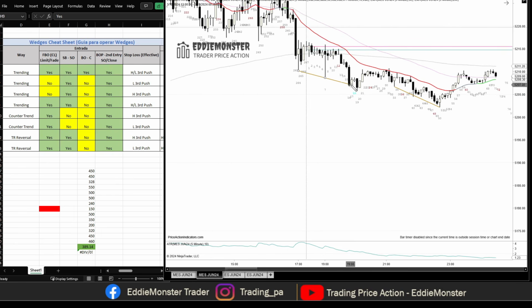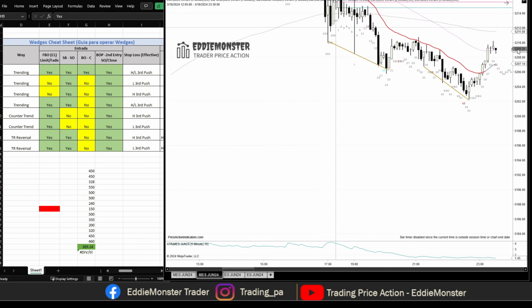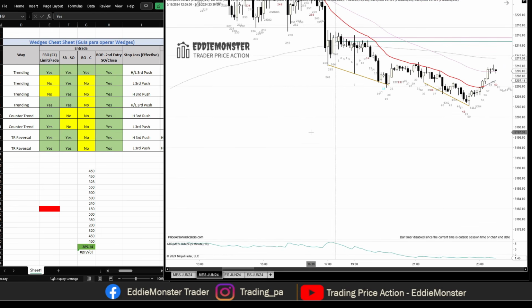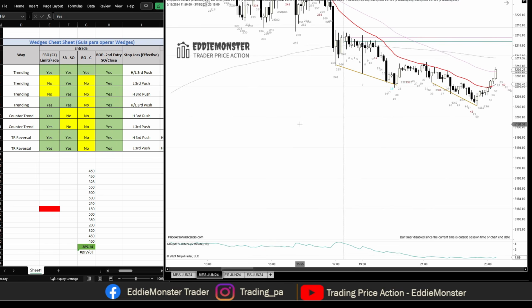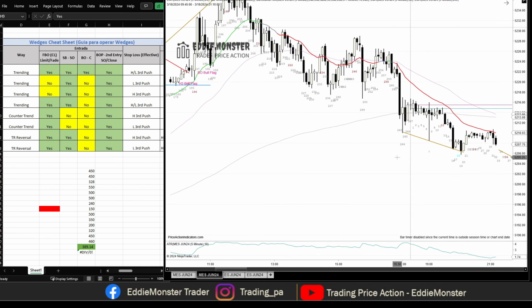This is tricky. Oh well, makes 1, 2 legs up and then trend resumption in 3 legs down. So that's normal to have 3 legs down again and then reverse. But you can see you have 2 legs almost always.